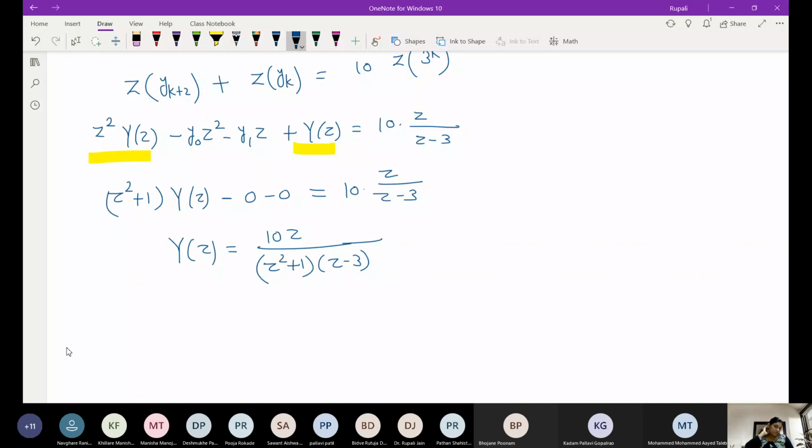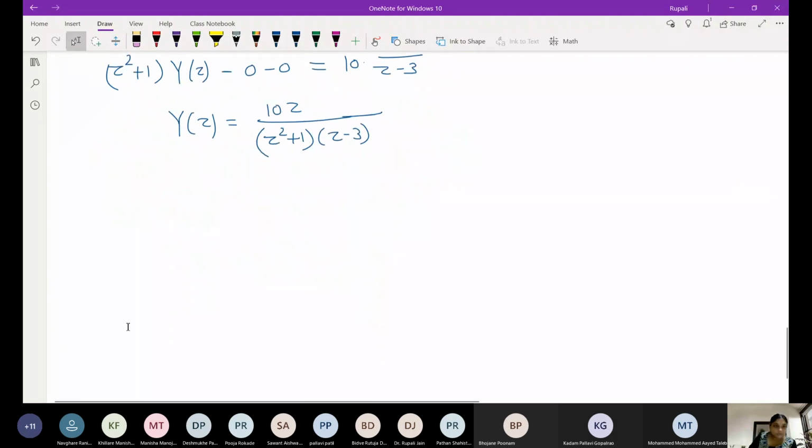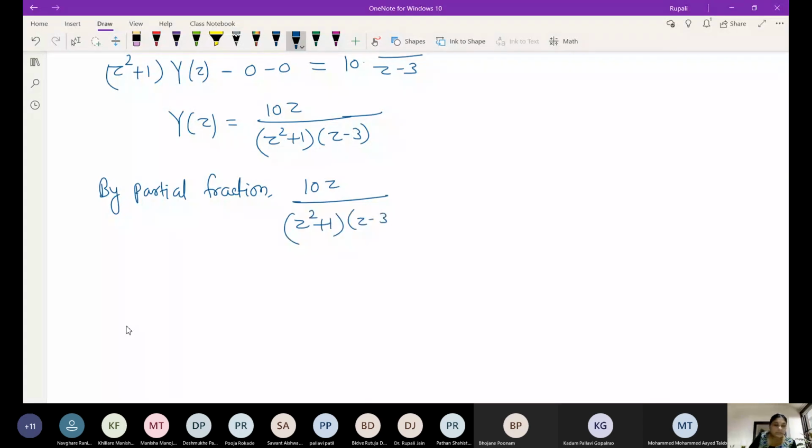Now we cannot do inverse transform directly here because we don't know the formula directly. So we have to use partial fraction. By partial fraction, 10z divided by (z square plus 1)(z minus 3) I can write as A upon z minus 3 plus (Bz plus C) upon z square plus 1.